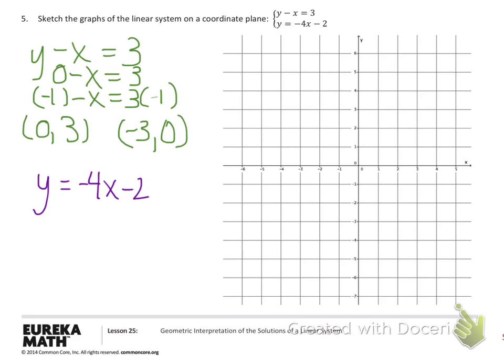Okay, so let's go ahead and graph that equation while we have it. So we have the point x equals 0, y equals 3, that's the y-intercept. And then we have the point x equals negative 3 for y is 0, and that's right over here.